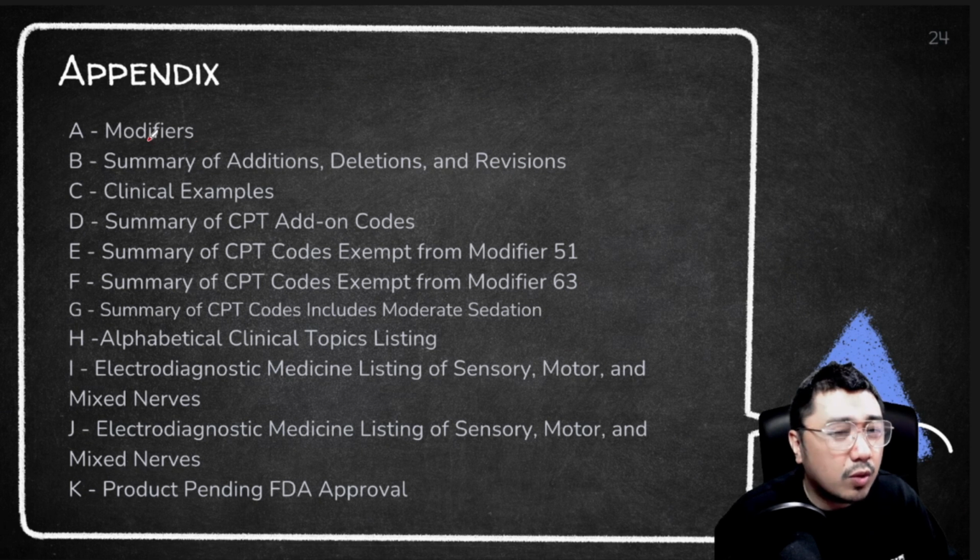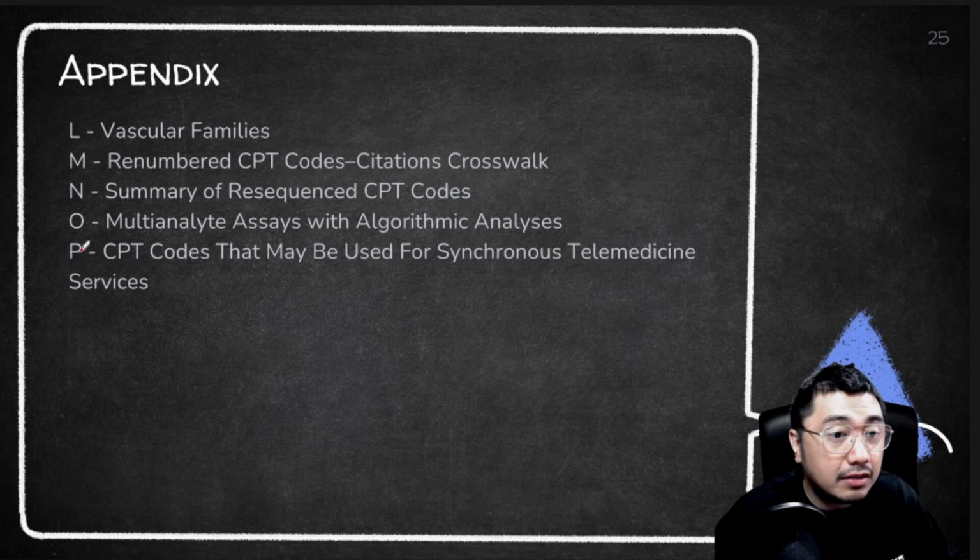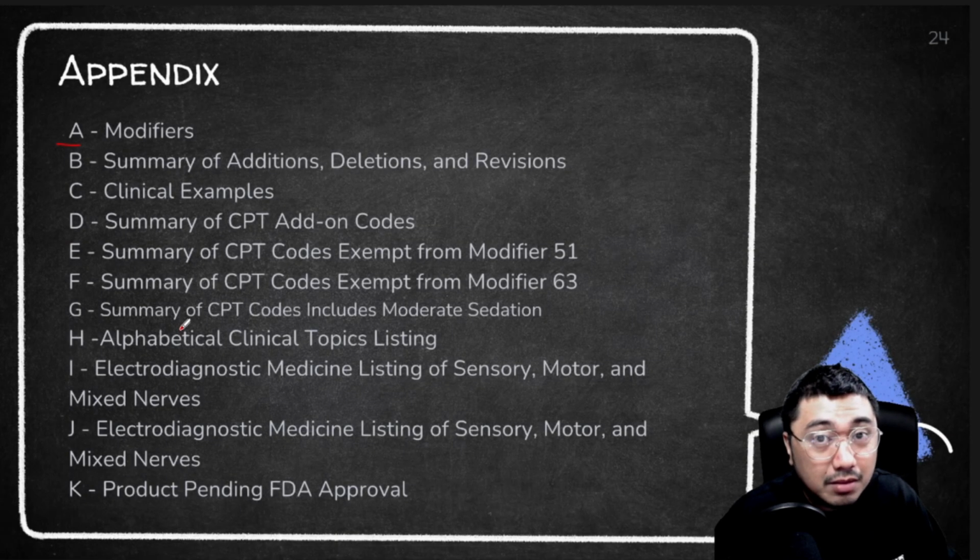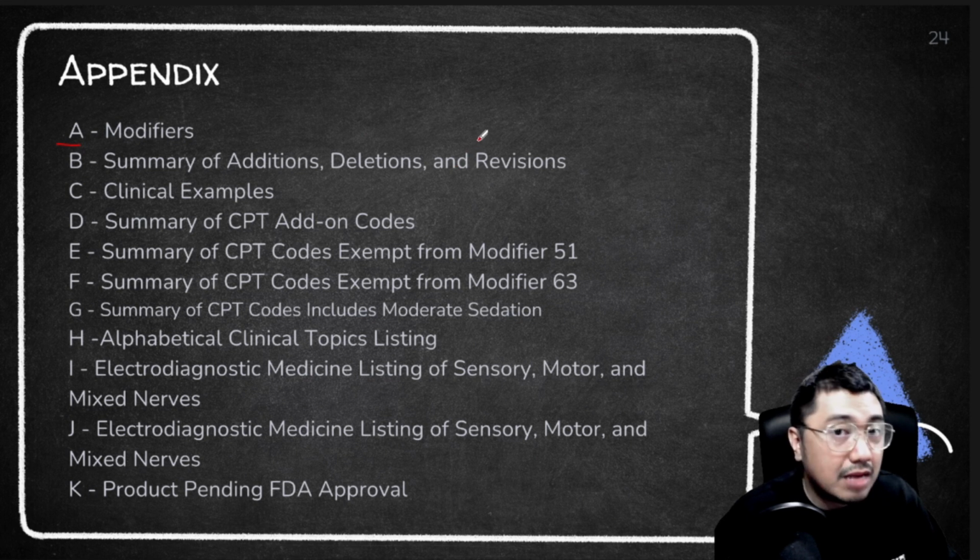I have it on your screen. We have a lot, from appendix A up until appendix P. If you would like to memorize those, be my guest, it's totally fine. But there's no need to memorize these terms because they are located in your book already. Remember, your exam is open book.